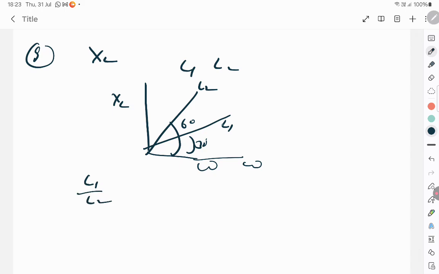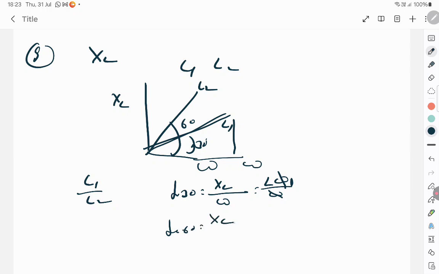You know tan 30 is given. Tan 30 is opposite by adjacent. What is in the opposite? XL. What is the adjacent? Omega. You know XL itself is L omega, so XL by omega is L. That is your L1. Tan 60 is XL by omega, because opposite by adjacent. The opposite side is XL, the adjacent side is omega 2, corresponding to the omega 1 and omega 2 values.